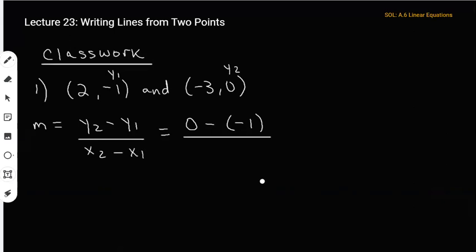On the bottom, I need to subtract my x values. My x values are going to be -3 and +2. So now on top, I have 0 minus -1. That's going to be a +1. In the denominator, I have -3 minus 2. That's going to be -5. So -1/5 is going to be my slope.